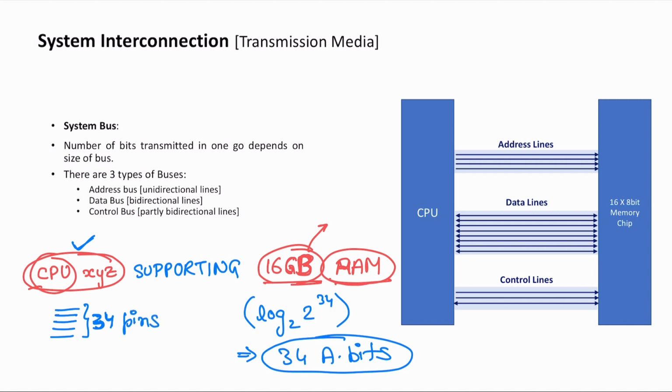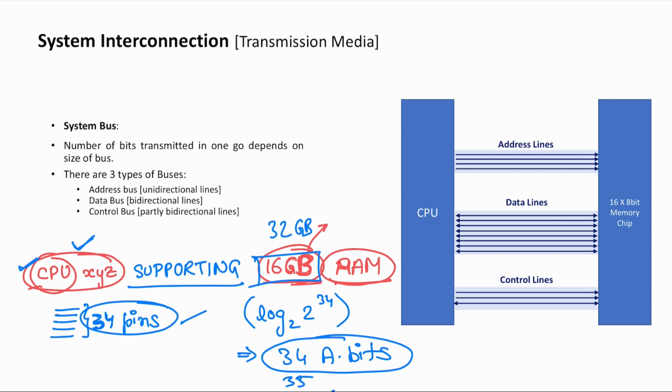If we have, for example, 32 GB of RAM, then we will be requiring 35 address bits, right? And since we have 34 pins, it is not supported by this CPU, right? That is why we say this CPU can support at max 16 GB of RAM, because it has 34 pins for address, okay.